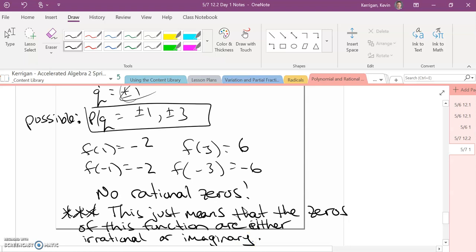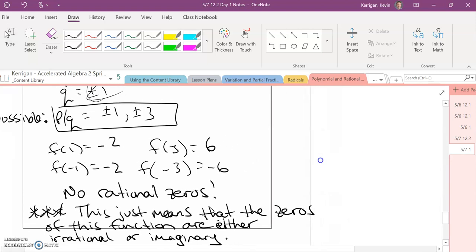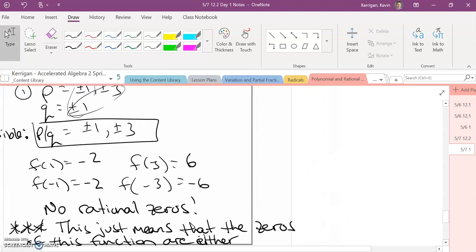I don't want you to think that if there are no rational zeros, that means there aren't any zeros. I can still get solutions and zeros of a function that aren't necessarily rational. The only thing this P over Q test, this theorem, is doing for you is finding the rational ones that you can write as an integer divided by another integer. So the zeros that we found here aren't going to be rational.